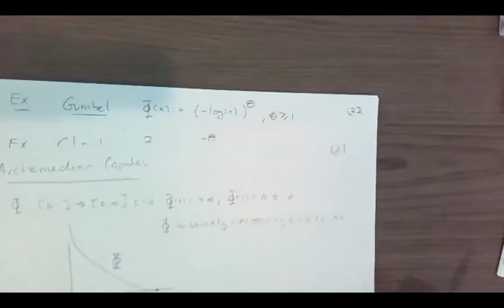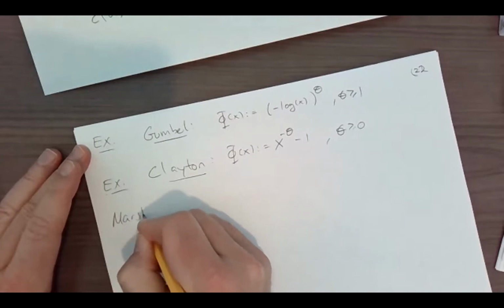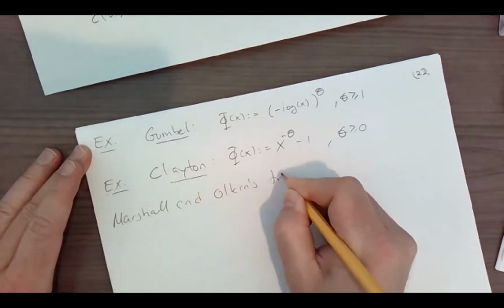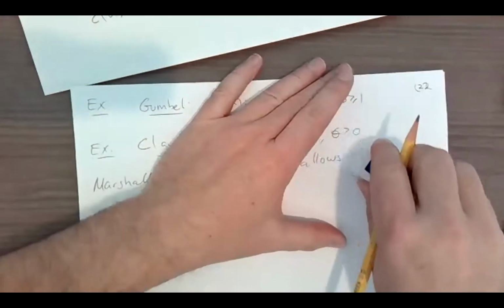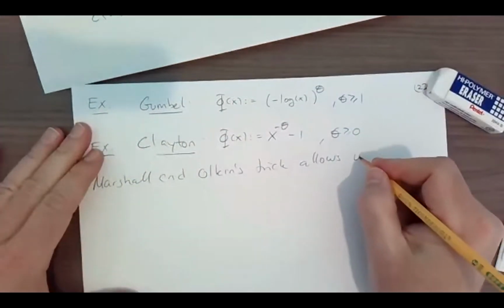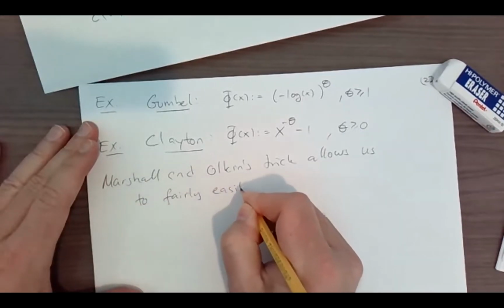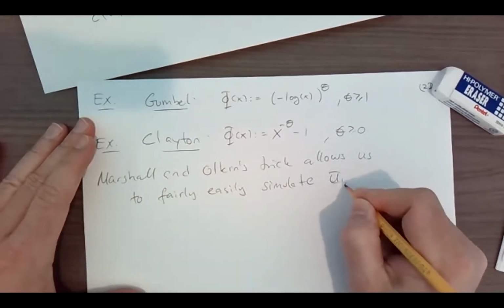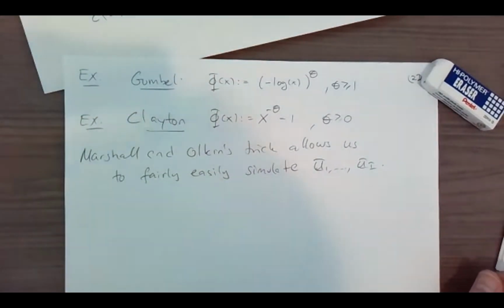There's a trick in here. There's something called Marshall and Olkin's trick. Marshall and Olkin's trick allows us to fairly easily simulate the uniforms with the correct dependency structure.